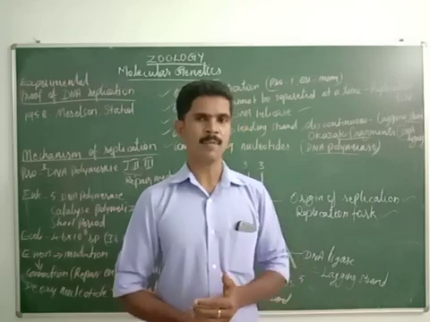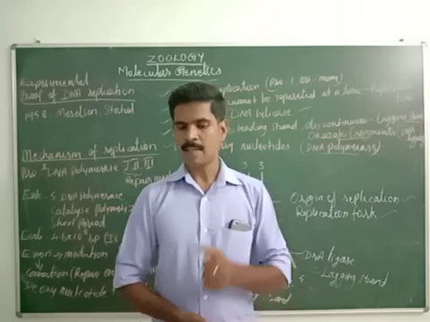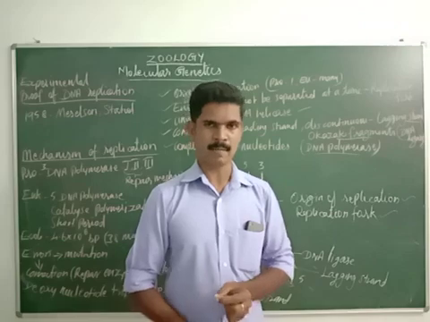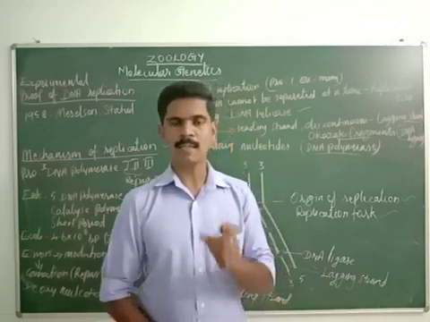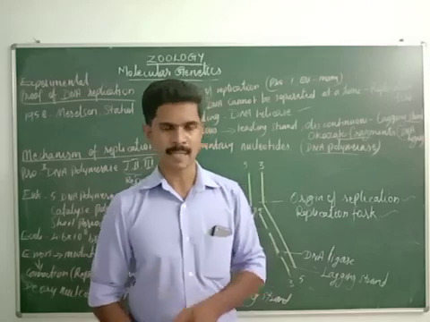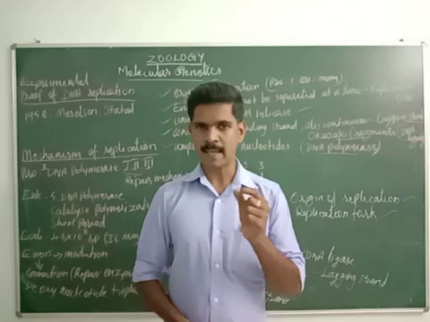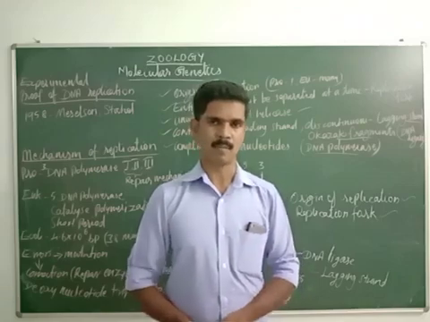And the last point about the mechanism of replication is that DNA polymerase catalyzes the addition of nucleotides to the new strand in the 5 to 3 direction, because it can add a nucleotide only at the 3-carbon position.